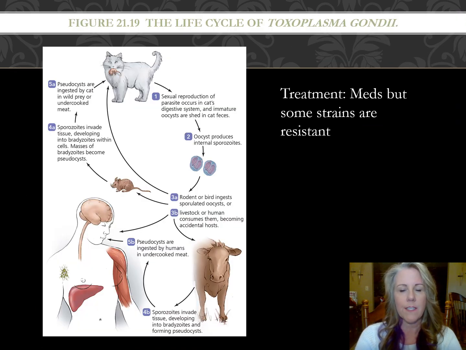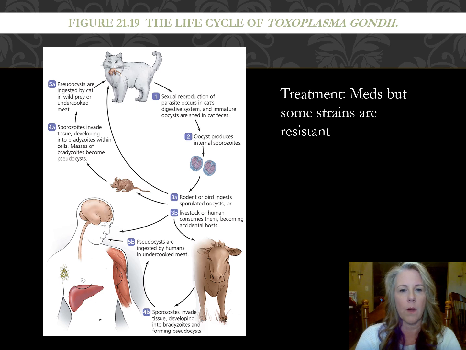Okay, this slide shows a life cycle of Toxoplasma gondii, and I like that this has some nice graphics in it and helps you remember this organism and the life cycles and the different hosts that potentially can harbor it.